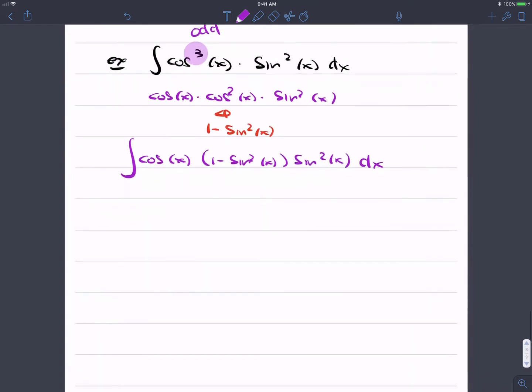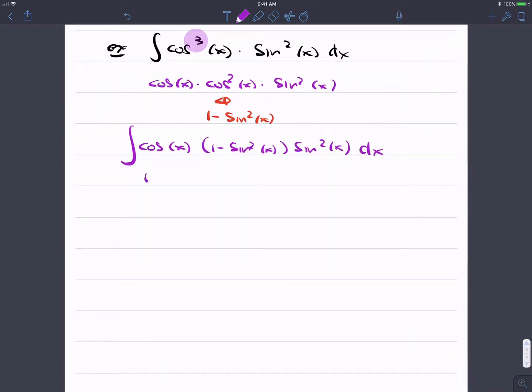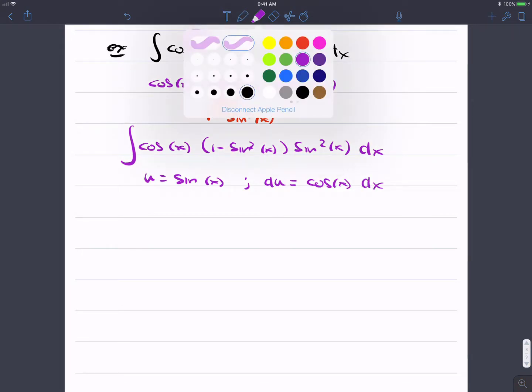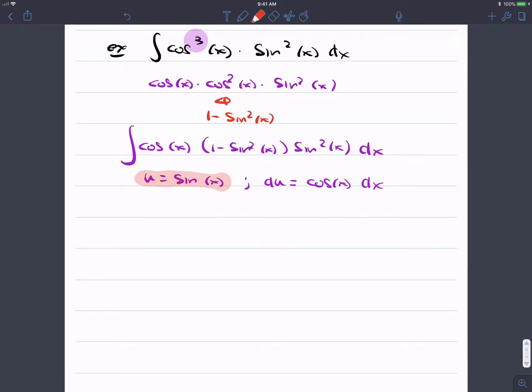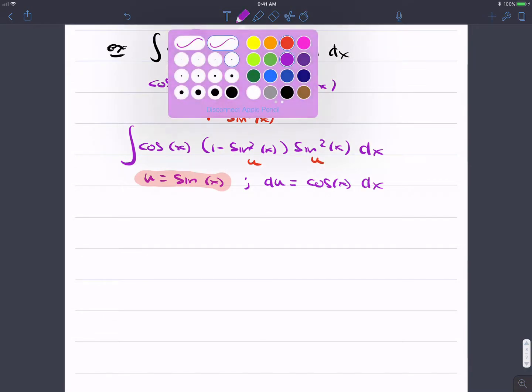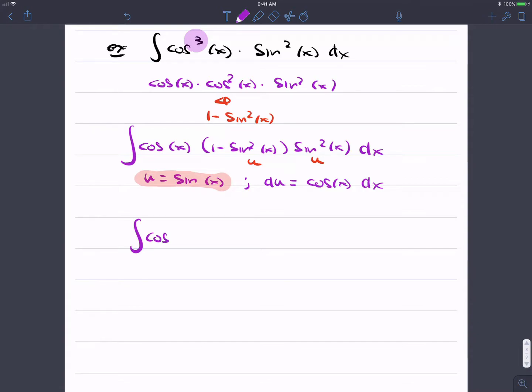So there's your process again. U here will be sine, and du is cosine dx. Wherever you see a sine, we replace it with simply u. Here's what we end up with as an integral: the integral of cosine times 1 minus u squared times u squared dx.